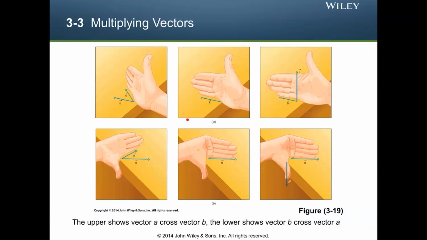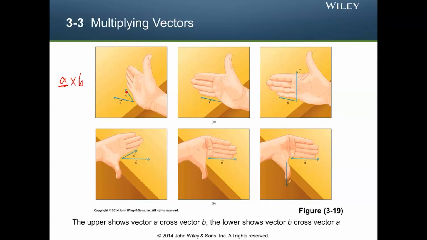Okay, this is hard to do because you can't see me. It's much easier to show you and have you practice it. But this is important. I know this seems kind of goofy, but you're going to use it a lot, so practice it. The gist is, if it is A cross B, whatever the first vector is, that's what you start with.